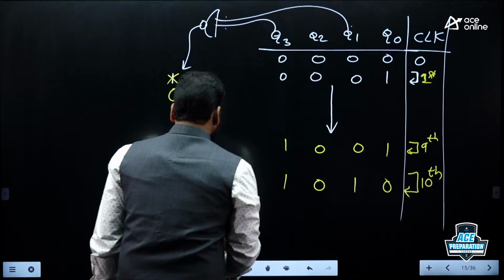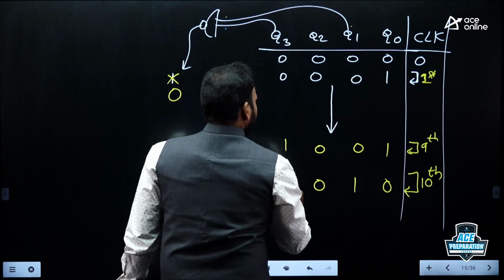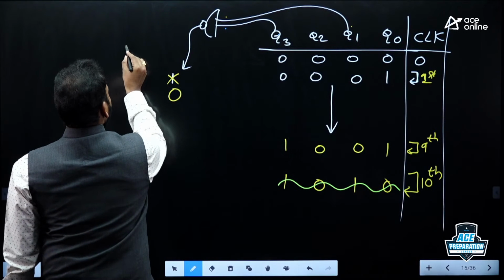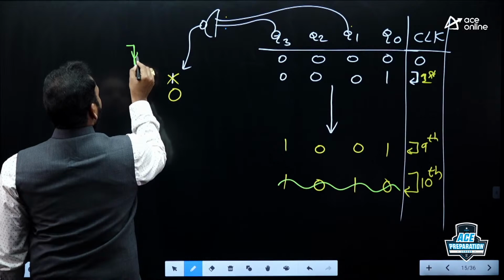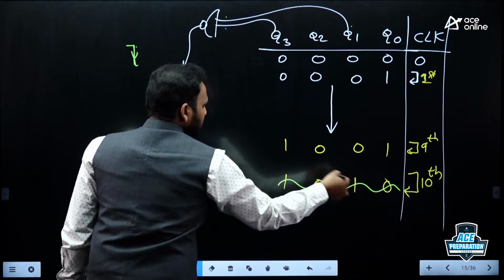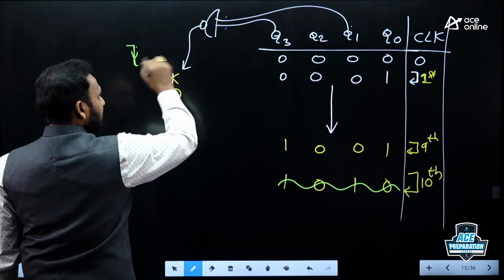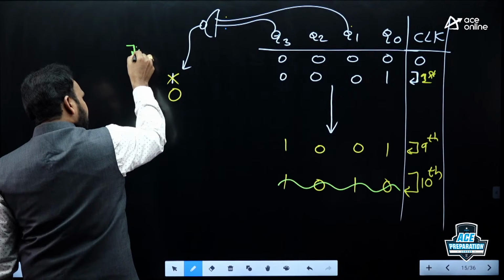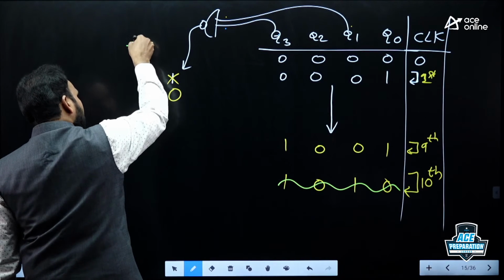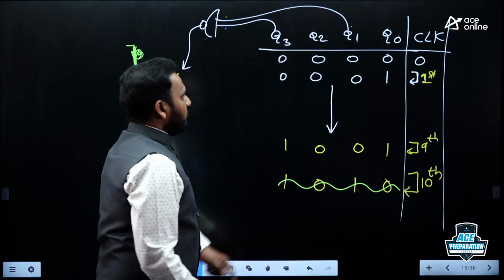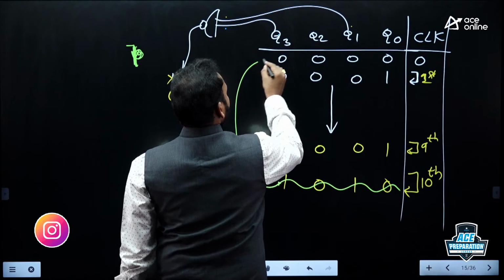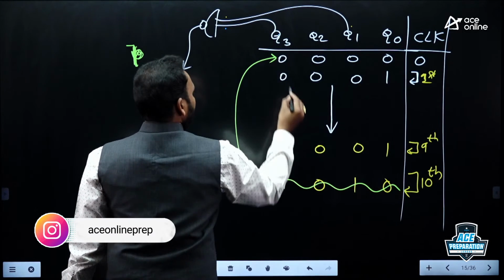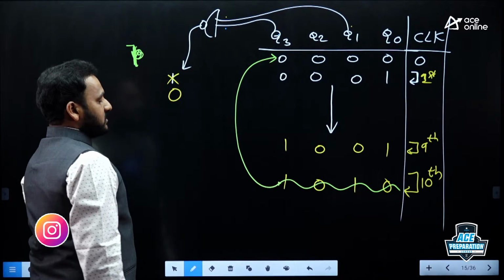You cannot see this state on the display unit, because as soon as the edge arrives, it will not stay. This 1010 is not able to stay in the display unit till the next edge. Within the edge itself, the outputs of the flip-flops are going to clear. So how many stable states are available? 0 to 9 are the stable states.